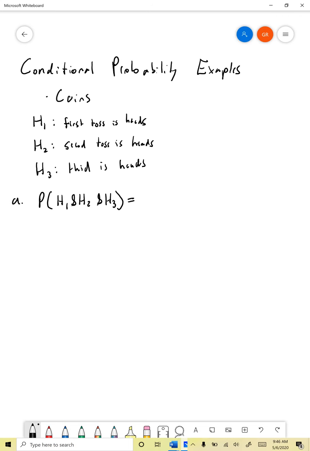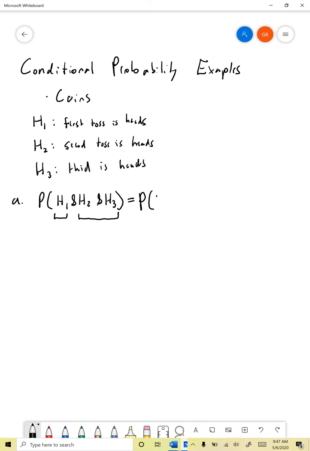We want to employ the general conjunction rule to figure out the probability of a conjunction, but the general conjunction rule applies when you have a conjunction like A and B. So even though there are 2 conjunctions showing up in here, we're going to view it first of all as a conjunction between H1 on the one hand and H2 and H3 on the other as our second conjunct. And then we can apply the general conjunction rule.